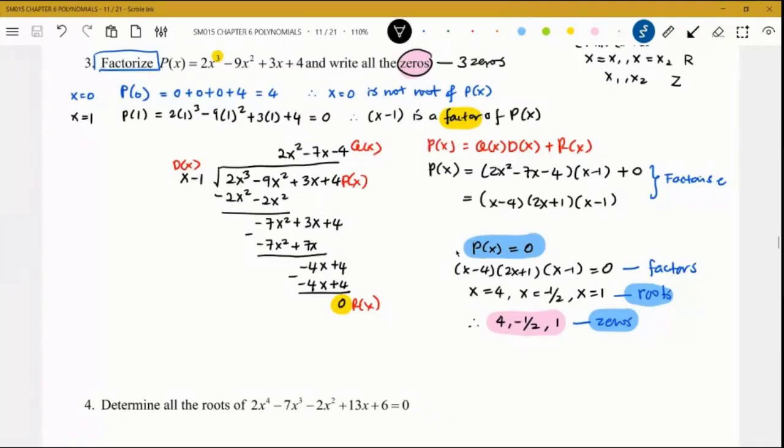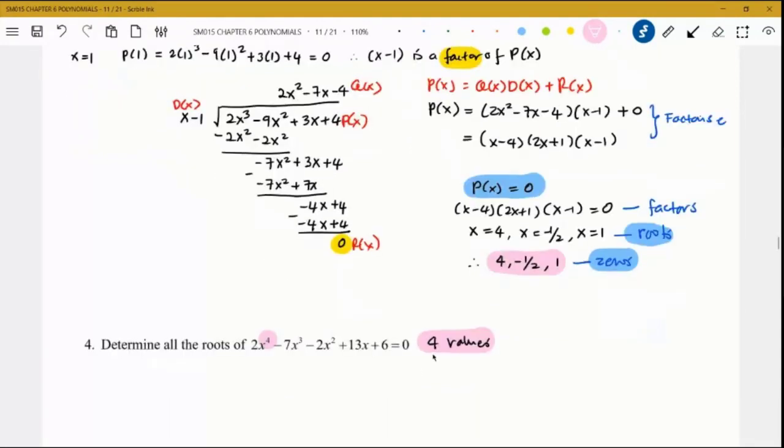So we should have 4 values, because here is the power of 4. If we look at the earlier one, that was power 3, you only need to test a value once, only once, and then do long division. But for 4 values, you have to test values 2 times. After getting 2 factors, then we do long division.